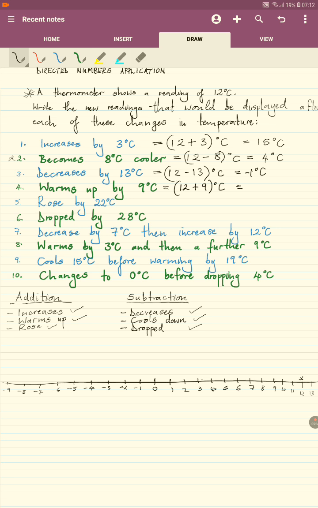So if I add, that's 1, 2, 3, 4, 5, 6, 7, 8, 9, which is movement to the right.